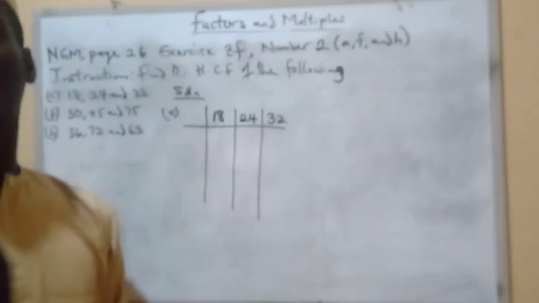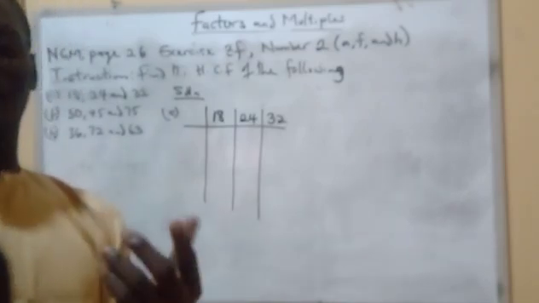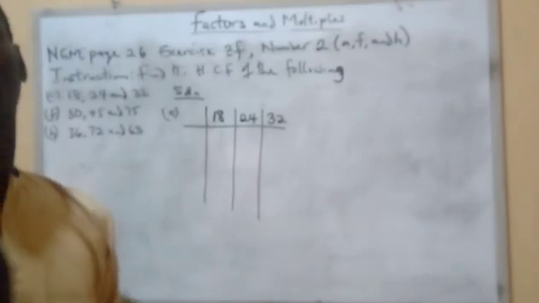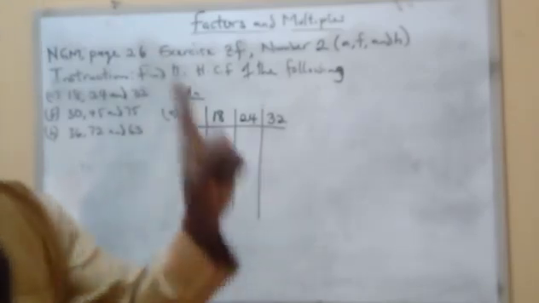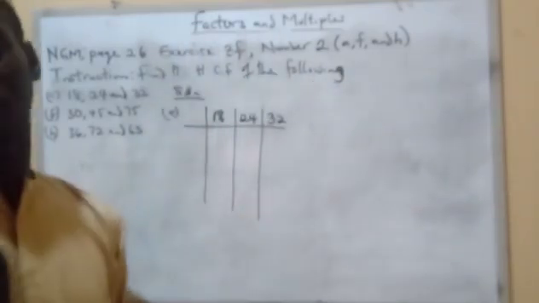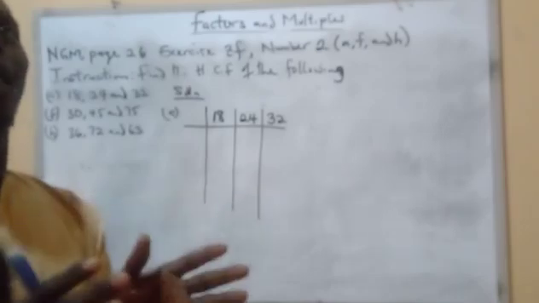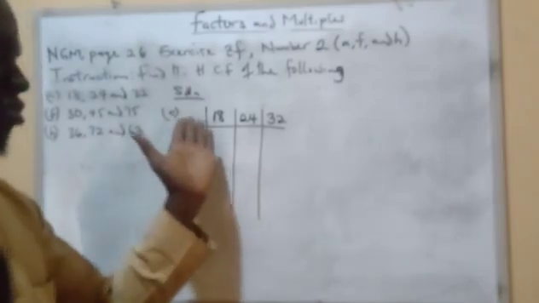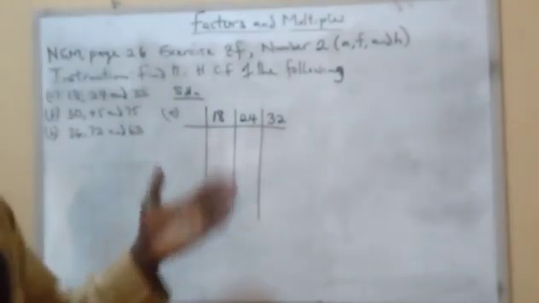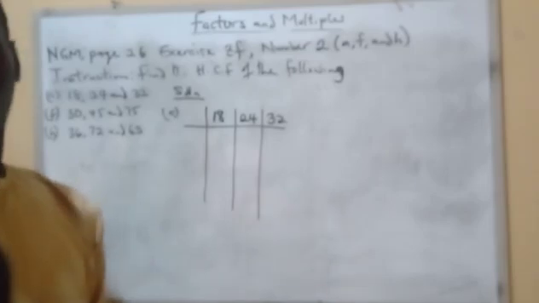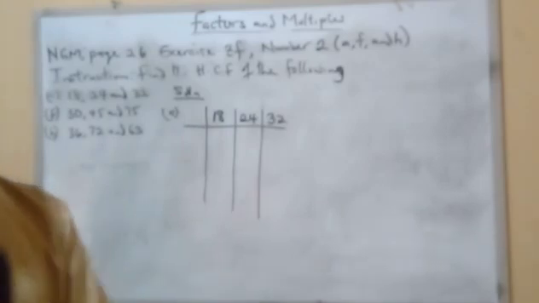Unlike the way it is done with the LCM, where a prime factor that can divide at least one of the three numbers is used, in this case it is a prime factor that can divide all the three numbers that will be used. So 2 can divide all these three numbers without a remainder, and that is what we are going to use.